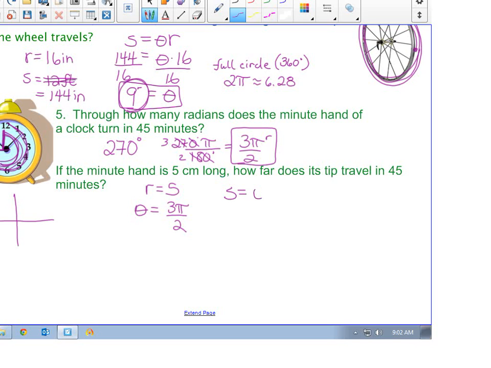S equals theta r. So, 15 pi divided by 2, or if you prefer, 7.5 pi. We leave the answer in terms of pi. If you multiplied it by pi, you'd probably get something in the 20s or close to 30. So that's it.